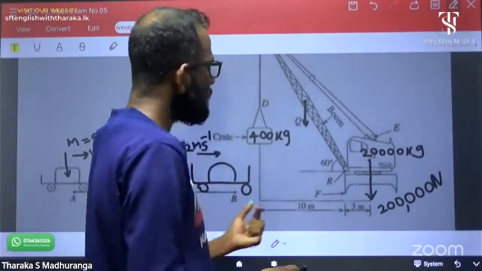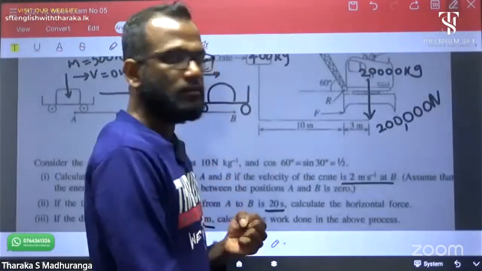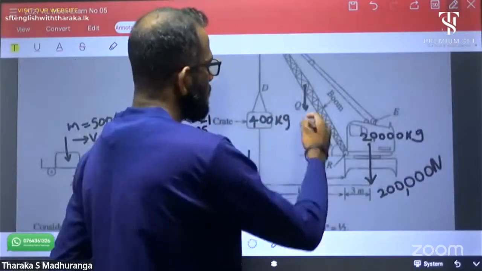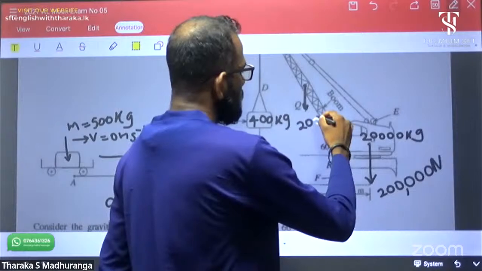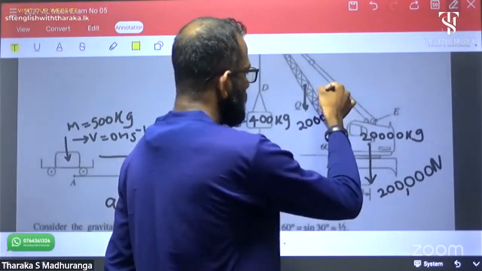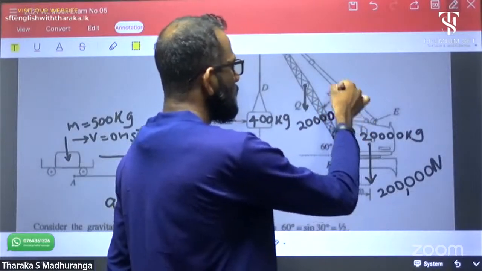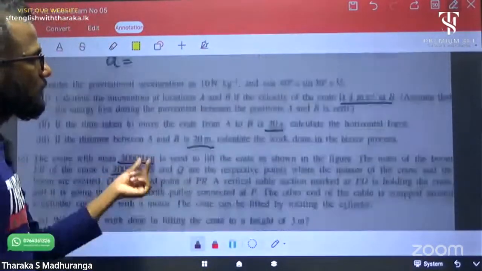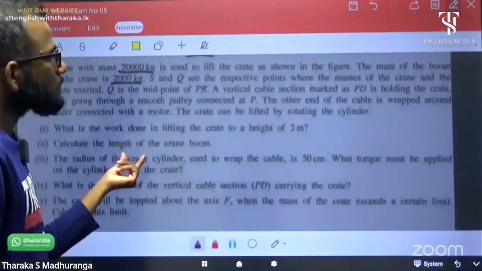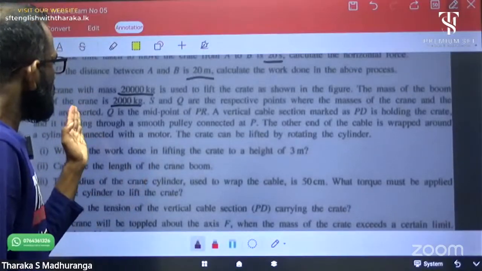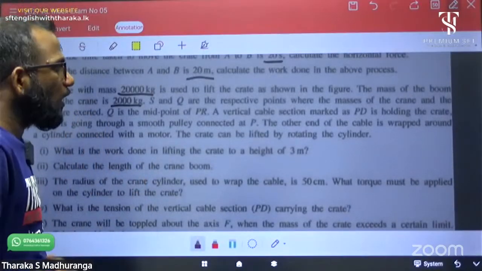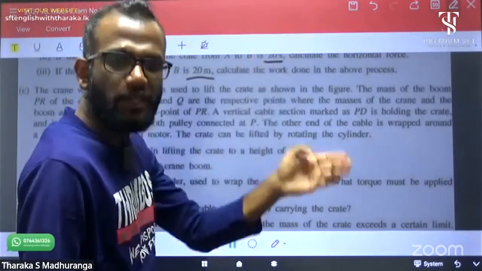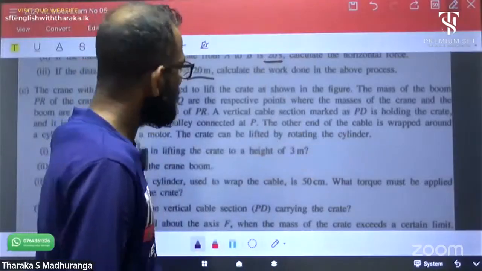The gravitational acceleration is given, it is 10. Then the weight is not 2000, it is 20,000 Newton, because mass 2000, weight 20,000, right? Q is the midpoint of PR. PR means boom, its midpoint is Q, that means the weight acting point, right?